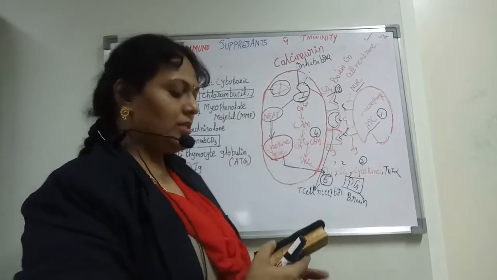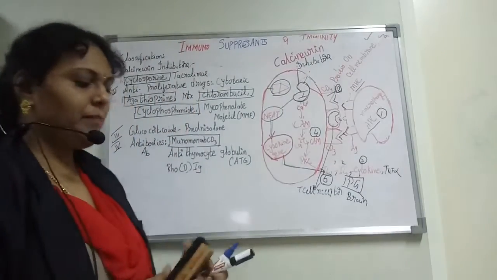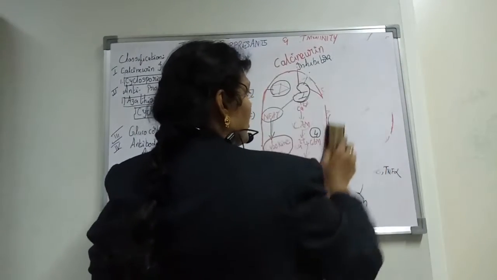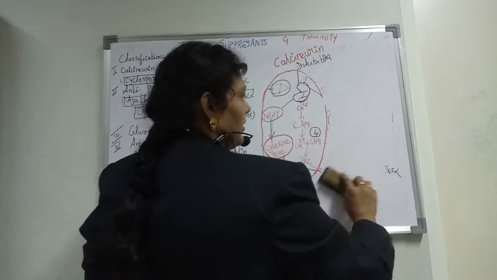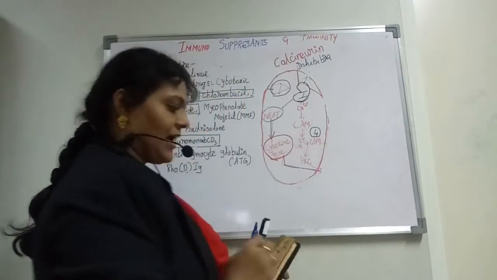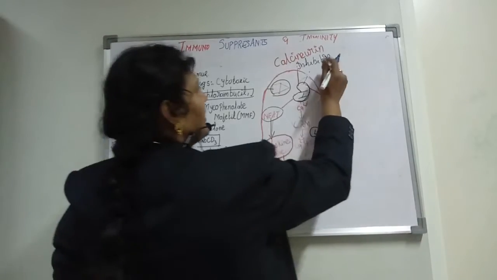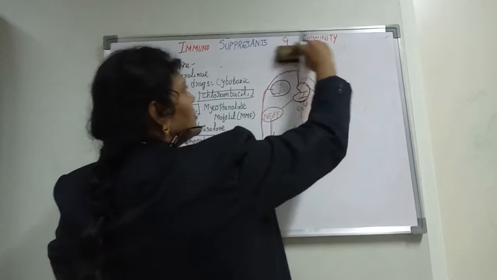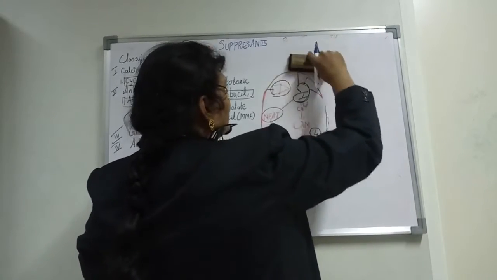So what happens when these are doing the same classification? Let me present it to you in an arrow diagram so that you can understand what it is. Now I am starting with cyclosporin here, or we can call it calcineurin inhibitors or cyclosporin.